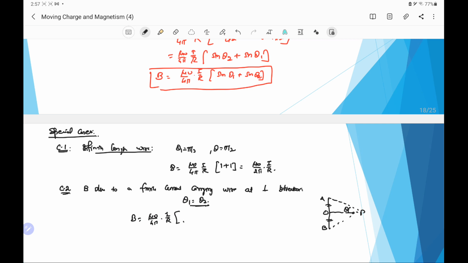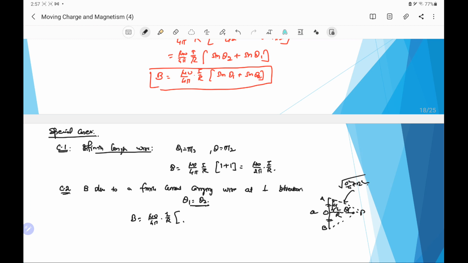This is theta and this OP is r, and the distance between these two is suppose A, then in that case this half length is A by 2, and this AP will be square root of A square by 4 plus r square.